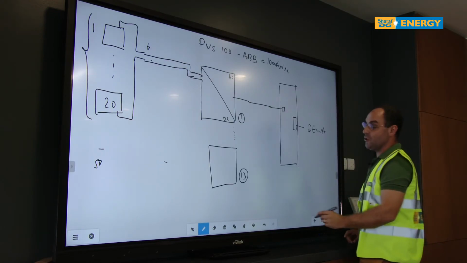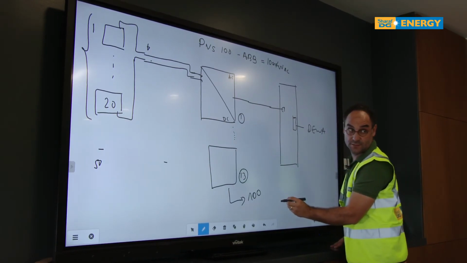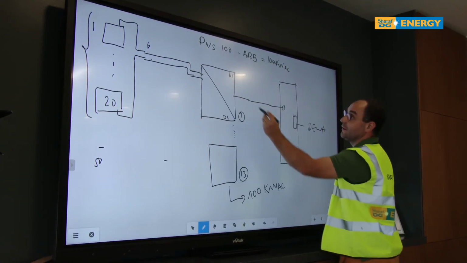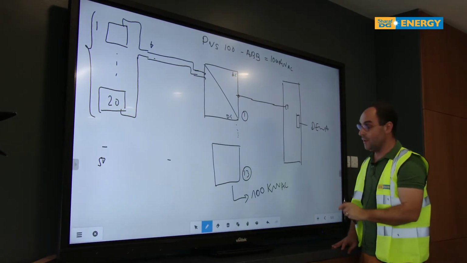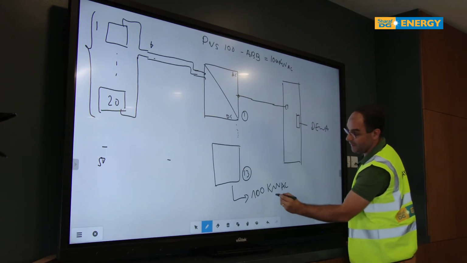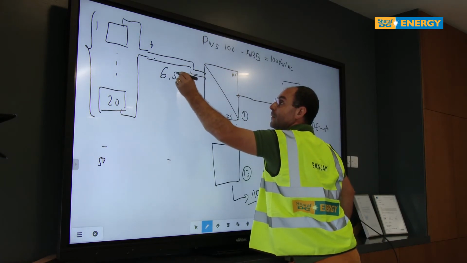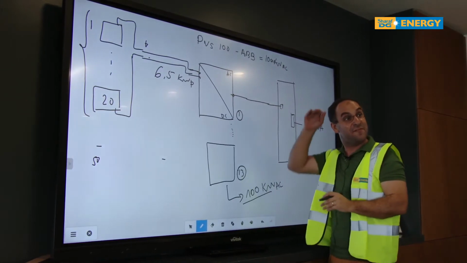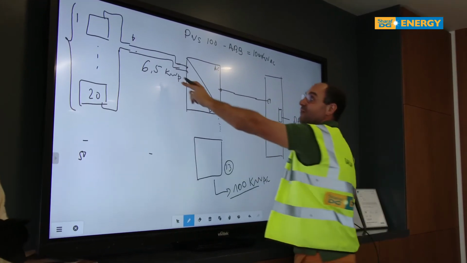Now we know here that this machine is 100 kilowatt AC. It can generate 100 kilowatt outgoing of the machine. If you divide this rated power by the maximum string value, the maximum value I can have on a string in the best conditions possible is 6.5 kilowatts.